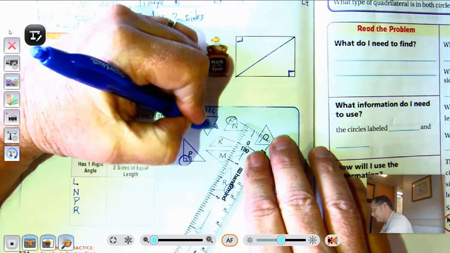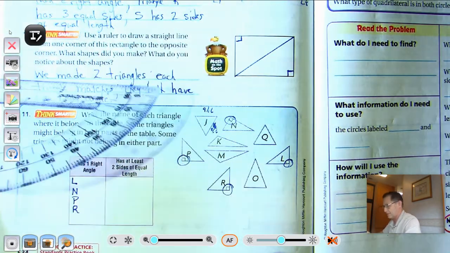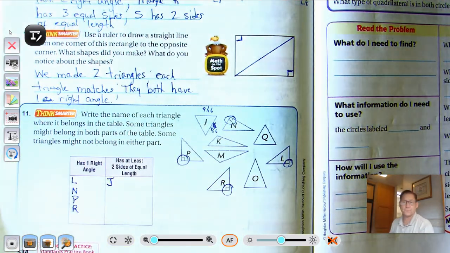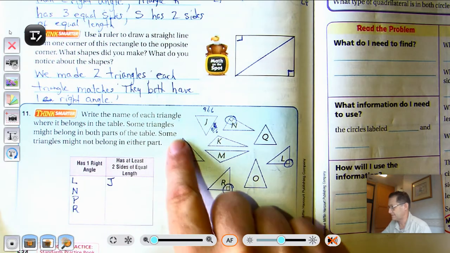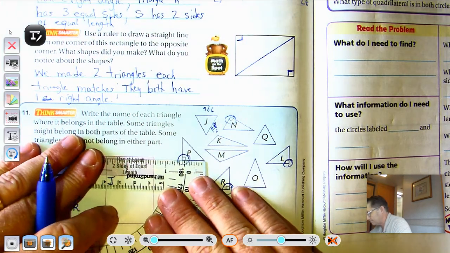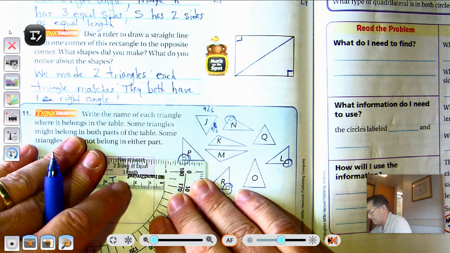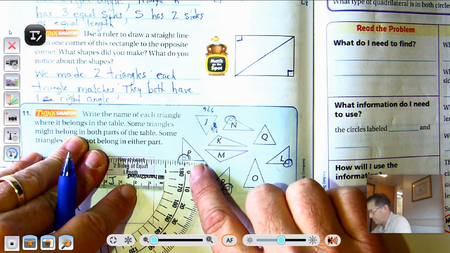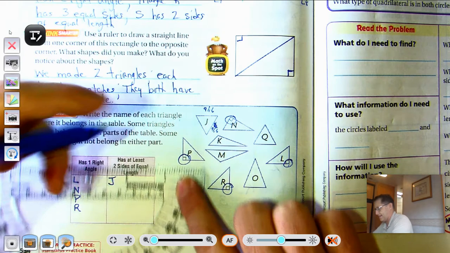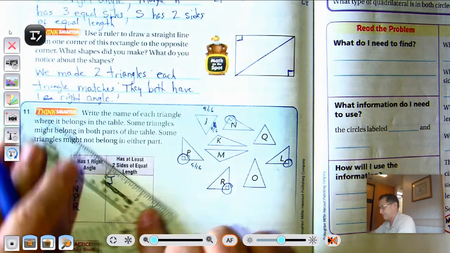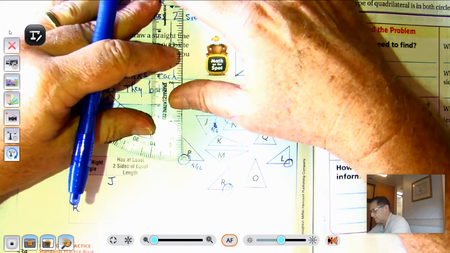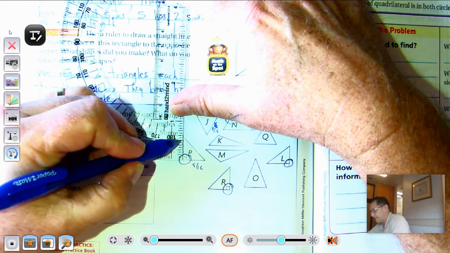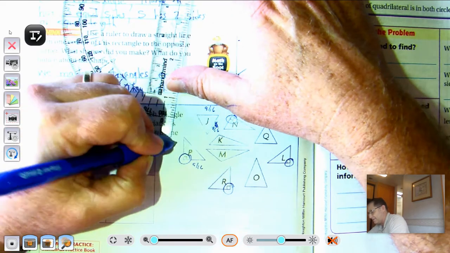Oh yeah, 9/16 has at least 2 sides of equal length. So J. How about P? Are these 2 sides the same? One, two, three, four, five, six, 7, 8, 9 out of the 16 marks. Again, 9 out of the 16 marks.